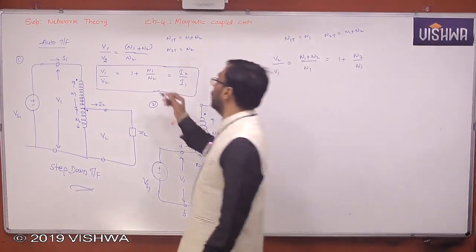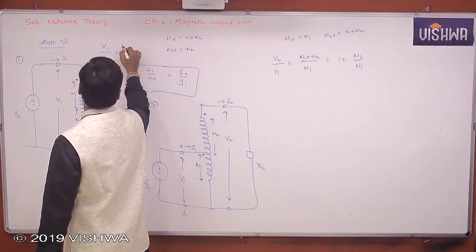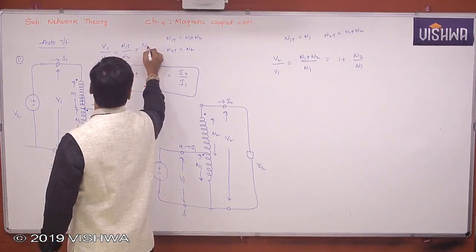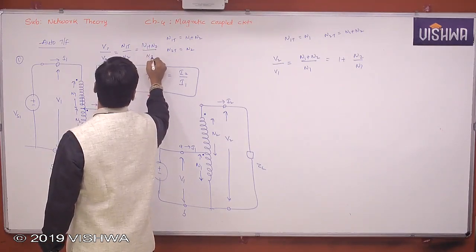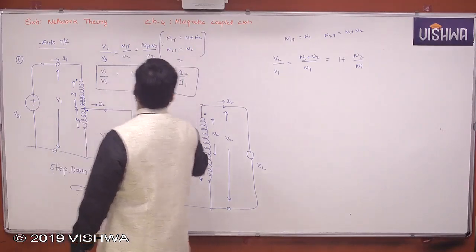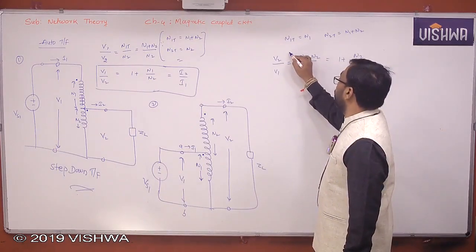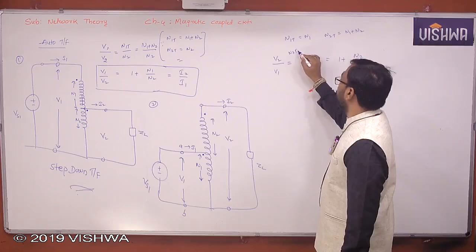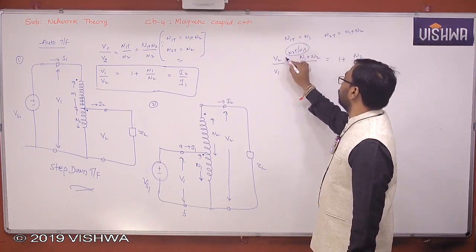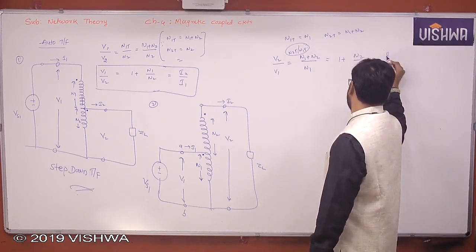Yes or no? So here, this is N1 total. Let me write it again clearly. N1 total by N2. Therefore, N1 plus N2 by N2. That's it. Clear, all of you? Okay. So in the same way I'm writing here N2 total by N1 total, which is nothing but the same thing, equal to I1 by I2.